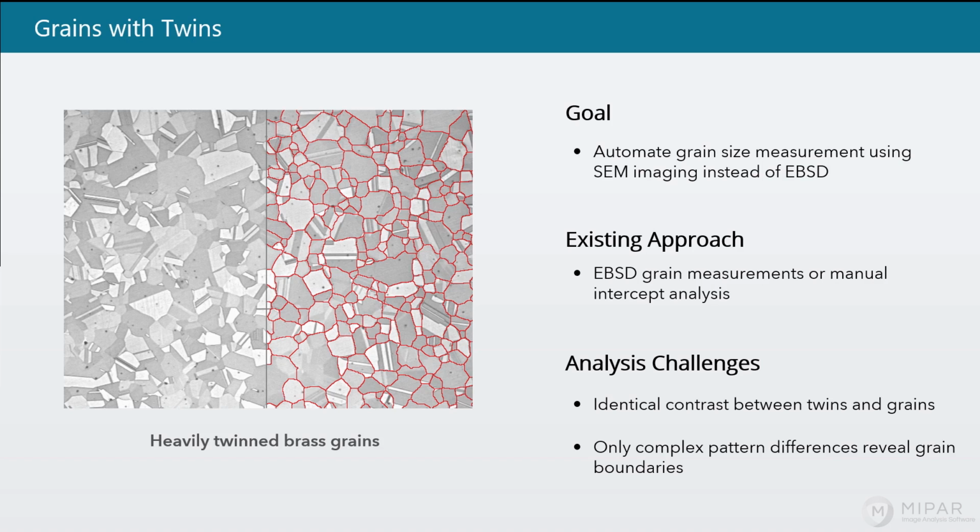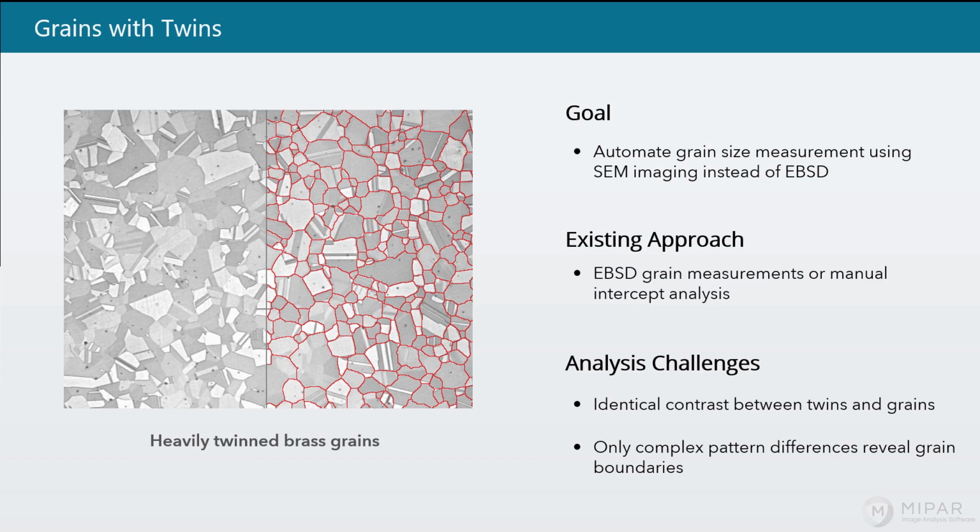So for these reasons, many researchers have resorted to using EBSD, or electron backscatter diffraction, in order to have a shot at automatically identifying the grains and measuring their size. For those of you involved with EBSD, you'll know it can be an arduous technique that involves tedious sample preparation, lengthy imaging times, and expensive imaging equipment.